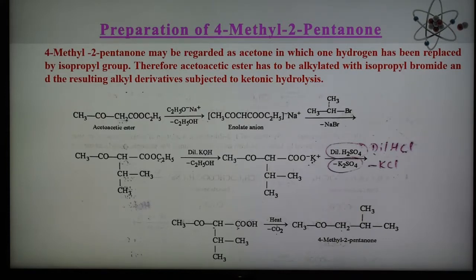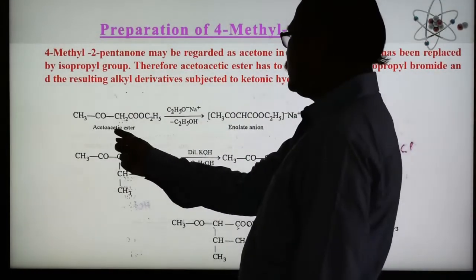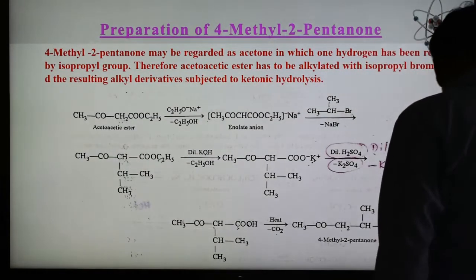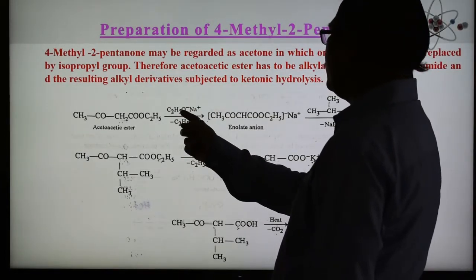So first of all there is formation of enolate anion, the second step is the alkylation, and then hydrolysis gives us 4-methyl-2-pentanone.